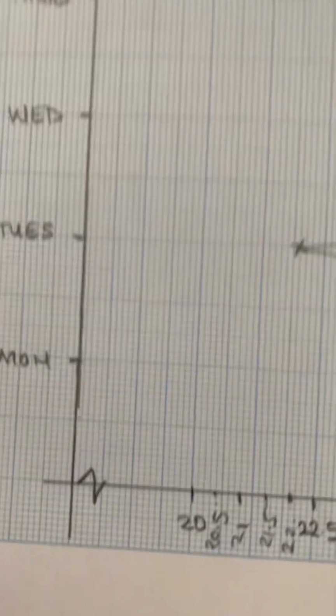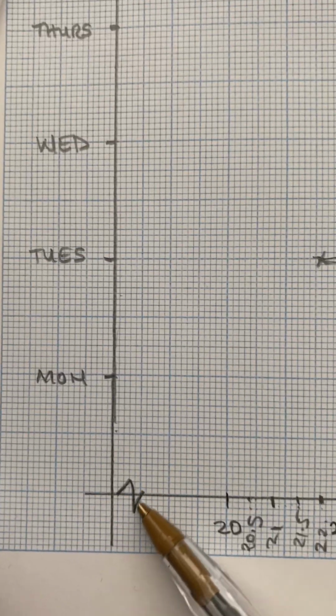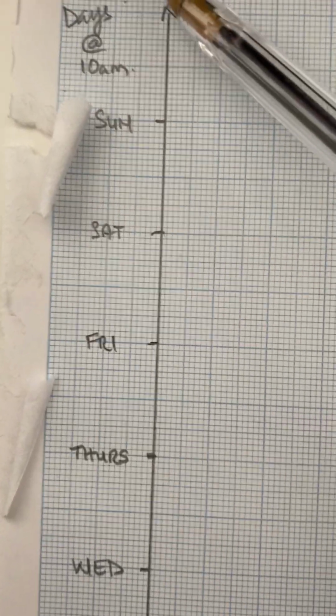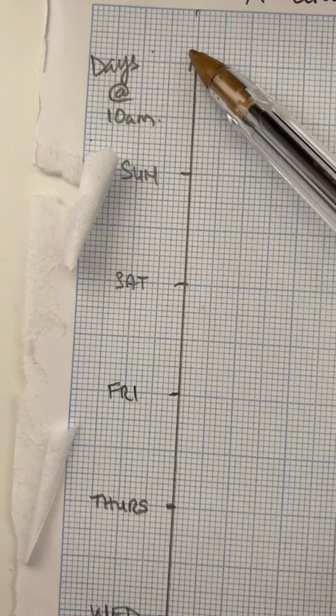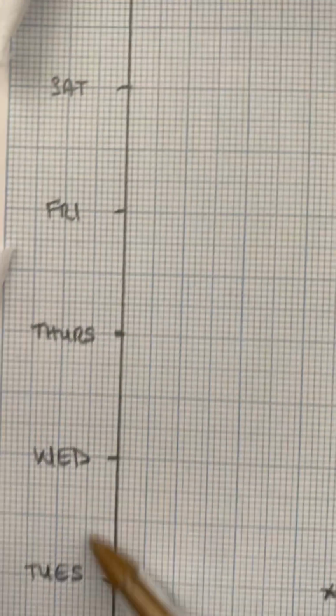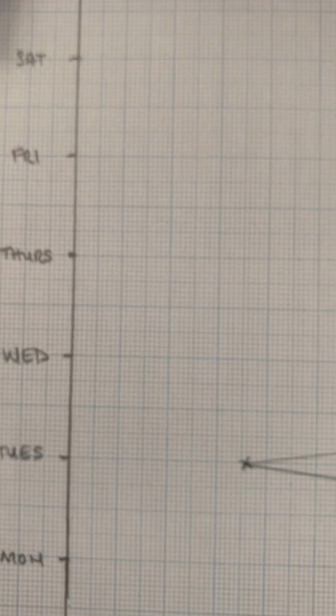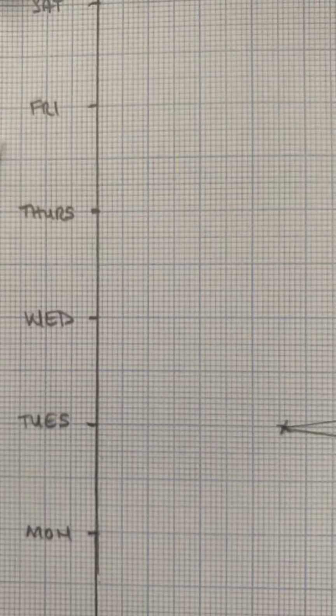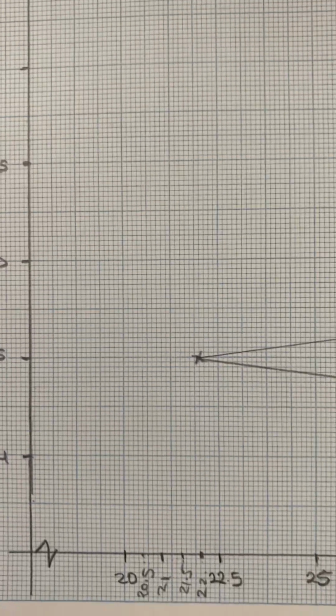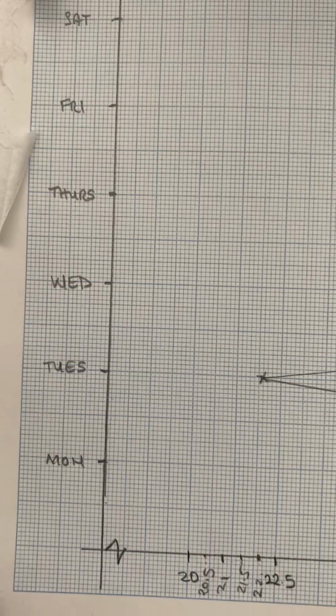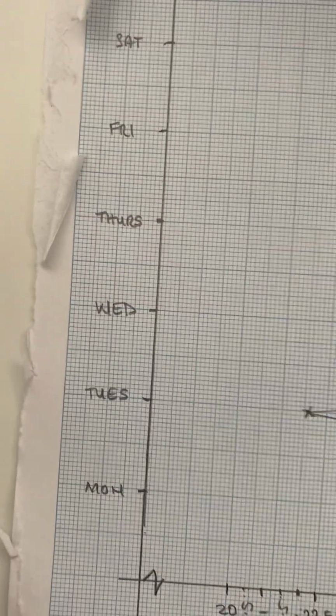Now, I've shown you the sign to shorten the graph. The reason I plotted the days against the temperature is because I wasn't told. So I decided to make it convenient for me, the way I can interpret it.